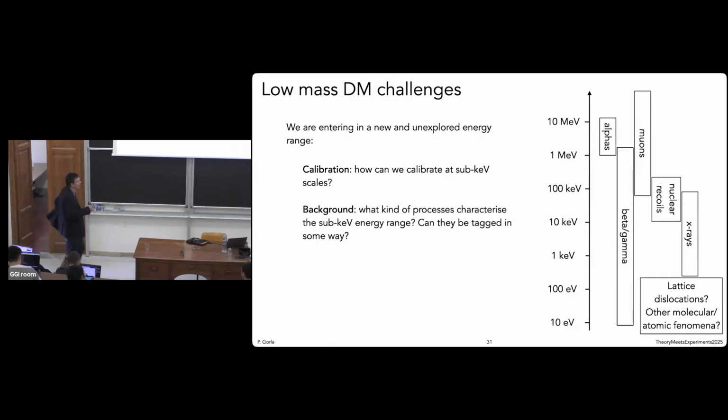Lattice dislocation, molecular phenomena. Basically, it's really an unexplored region. So you find new ideas to explore new parameter space, but really you open a door to a dark room where you have to discover everything. So you have to deal with understanding what's going on down there.